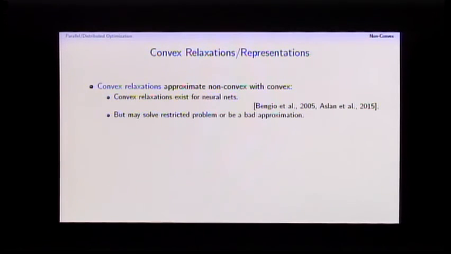Okay, so there's also things like convex relaxations, where you approximate non-convex with convex. In the case of deep learning or neural networks, there have been a few of these that have been looked at. Those tend to either solve a restricted problem or give a bad approximation in the case of neural networks. For other applications, there are actually very good convex relaxations, but I initially was presenting this for the deep learning people, so for those, the convex relaxations are awful.